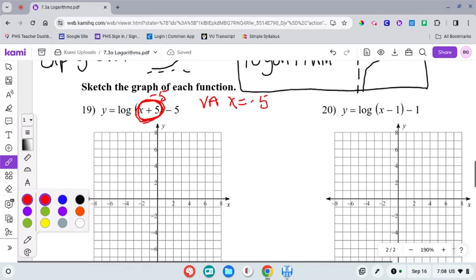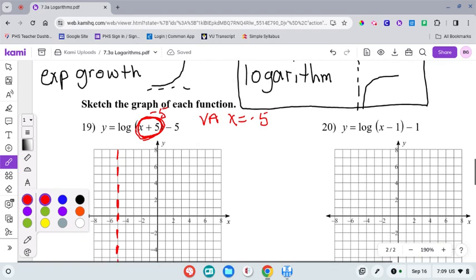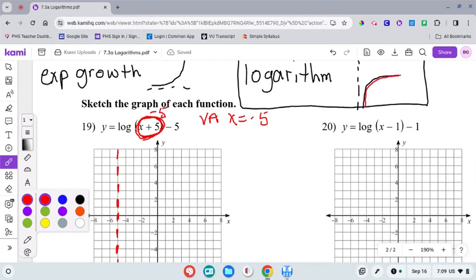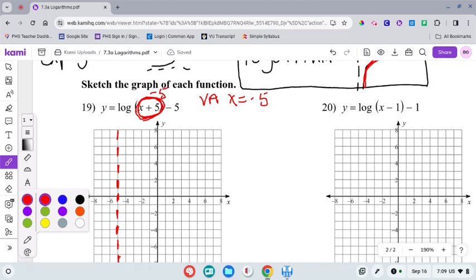So let's draw that in first. If you've memorized what a logarithm looks like, you already know the basic shape is going to be something like this. But how do we figure out the rest of that stuff?